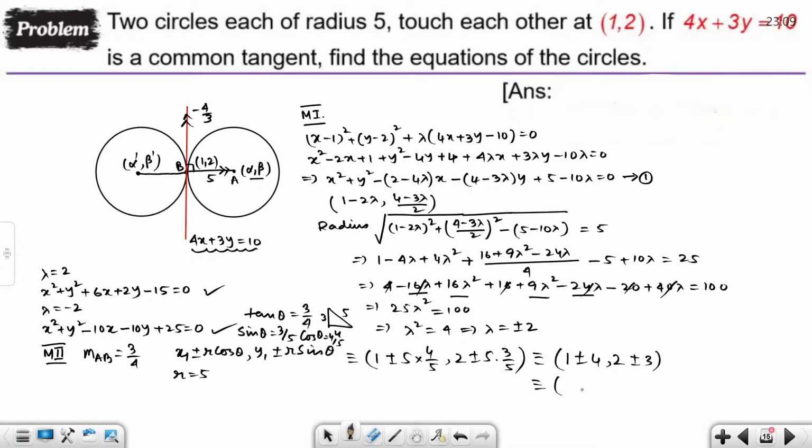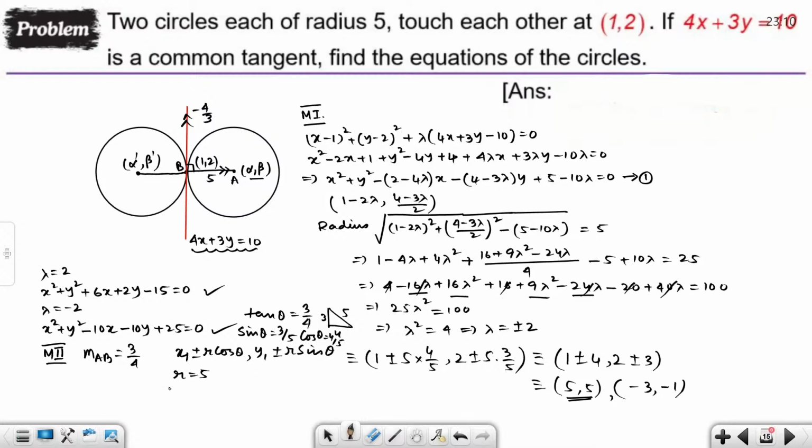So the centers will be, one is 5 comma 5 and another one is minus 3 comma minus 1. That's it. Therefore the equation of these two circles will be, we know the center. Let me take the center as 5 comma 5. In both the cases the radius is 5. So one center is 5 comma 5.